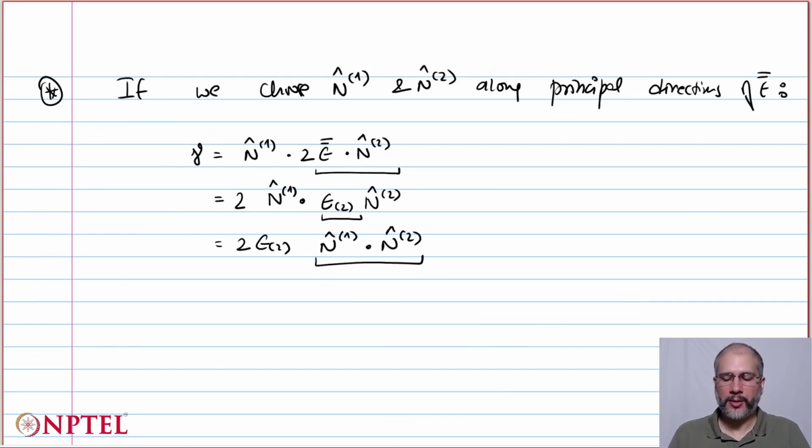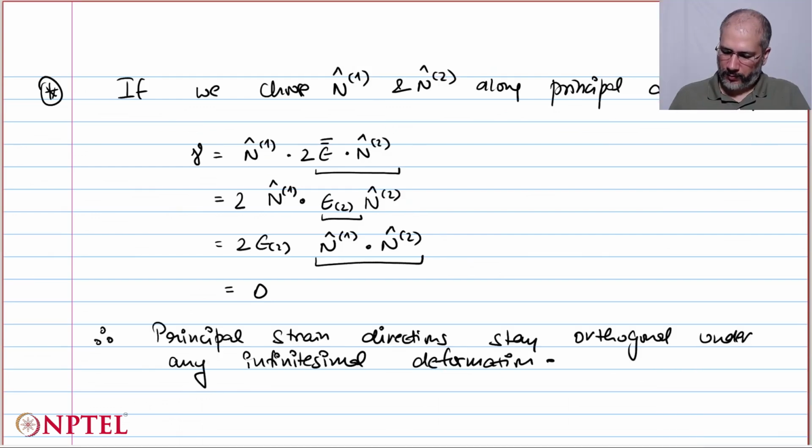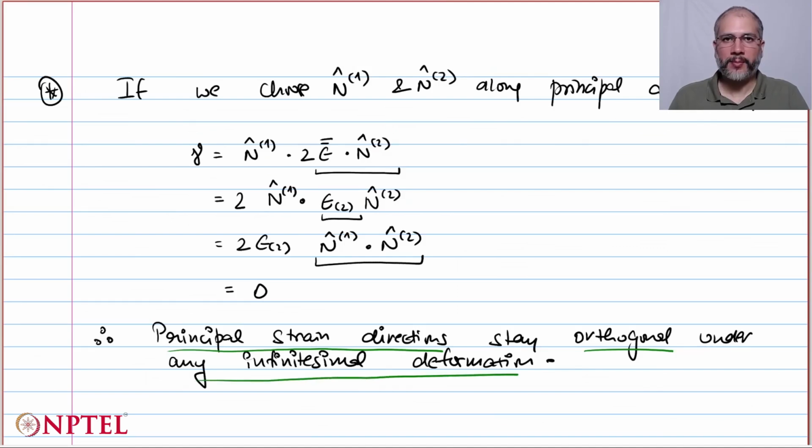And this is a 0 because n1 and n2 are mutually perpendicular to each other. So I can conclude that the principal strain directions, they stay orthogonal under any infinitesimal deformation.